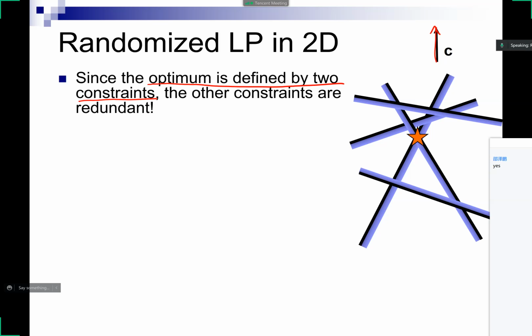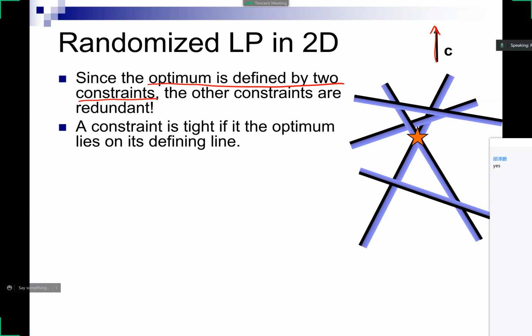But you see that this optimum is lying at the intersection of 2 of these constraints. These 2 constraints where the optimum lies, we're going to say they're tight constraints. Whereas all of the other constraints, where the optimum does not lie on them, we're going to say those are redundant constraints.